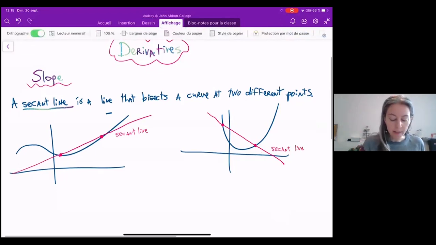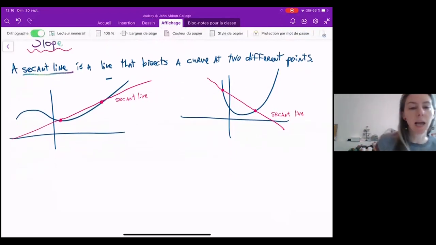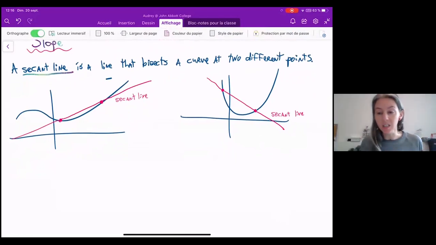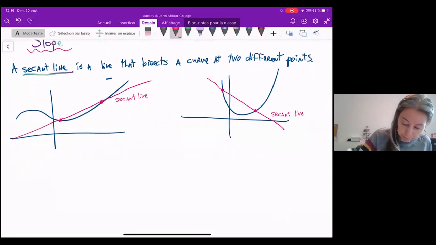Now the other type of line that we're going to be talking about today is a tangent line. A tangent line is a line that touches the curve at just one point, but is also parallel to the curve at that point.